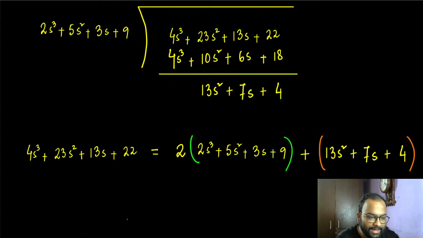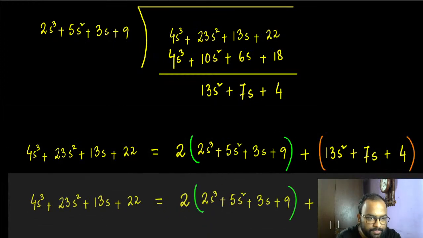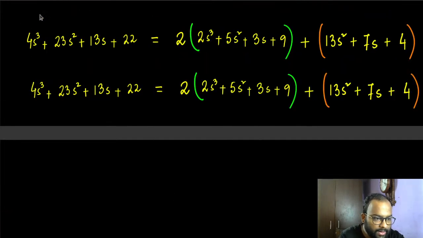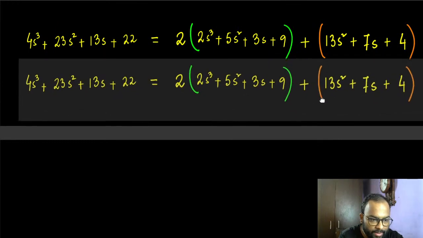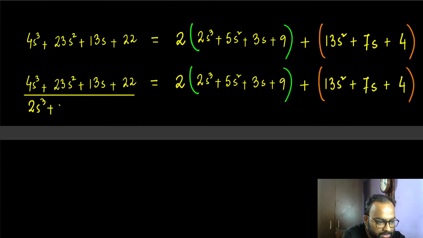Let's bring this once more, copy and paste this here. Let's bring a few more pages. If I now write it down here and divide both sides by this, I'm writing 2s cube plus 5s square plus 3s plus 9.